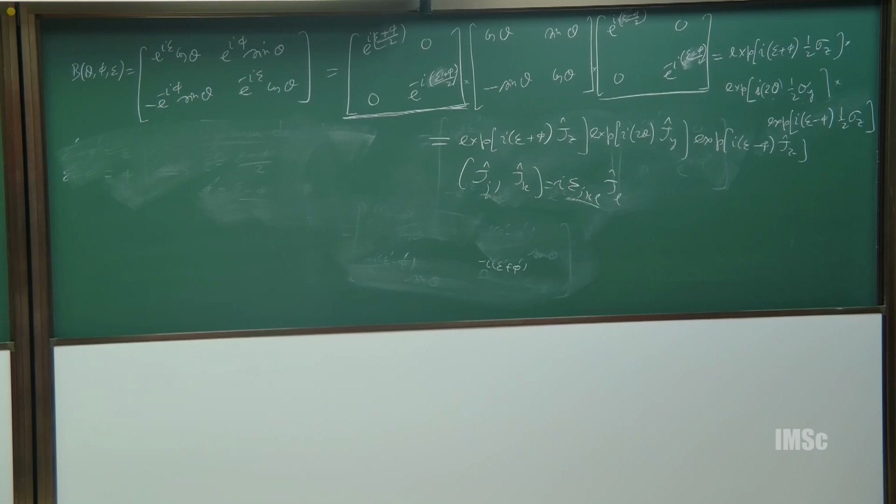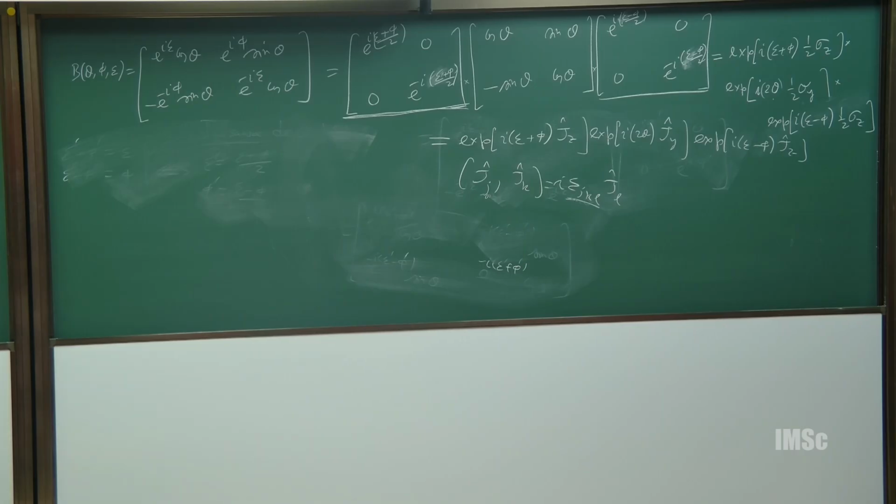If I take 2 group elements G1 and G2 and take their product, then the corresponding unitary representations are U(G1) and U(G2). So U(G1 G2) should be equal to U(G1) times U(G2).